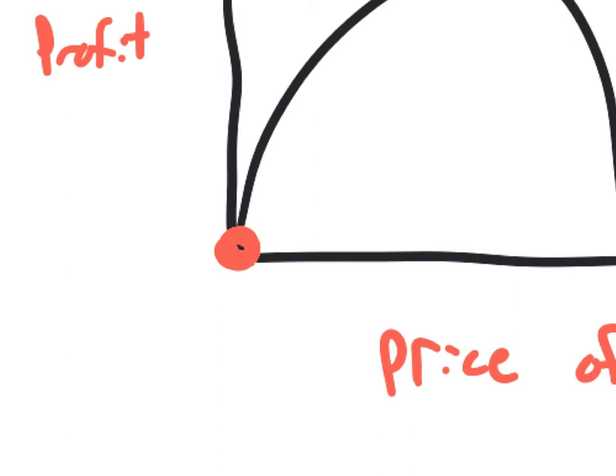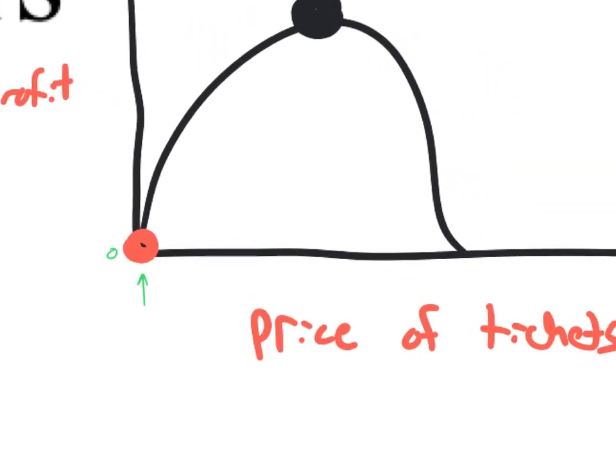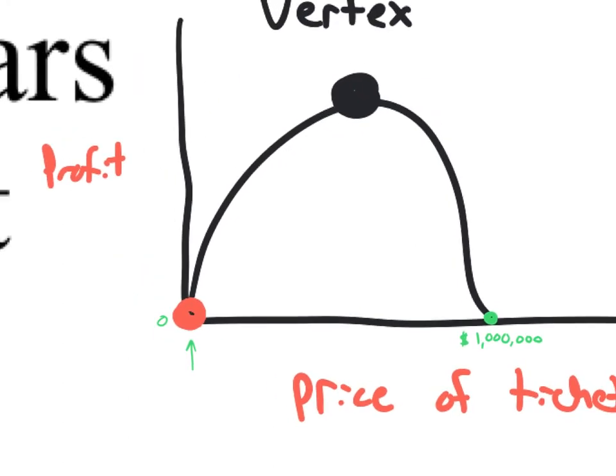If you charge $0 for your tickets, you're not going to make any money because you didn't make any profit. However, if you say my tickets are going to be $1,000, you're still not going to make any money because no one's going to come. If your tickets are too expensive, or maybe even $1 million, no one's going to buy your tickets, so you're not going to make any money. But somewhere in between, and this wouldn't actually be $1 million, that's too large of a number, there's a happy medium, right?